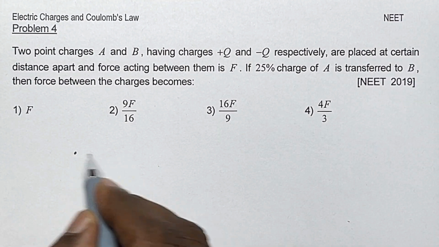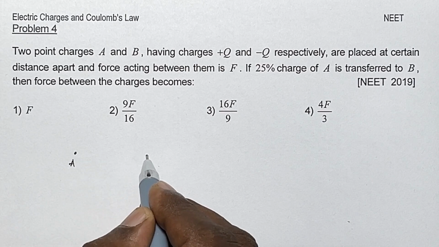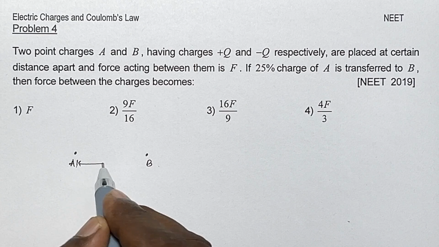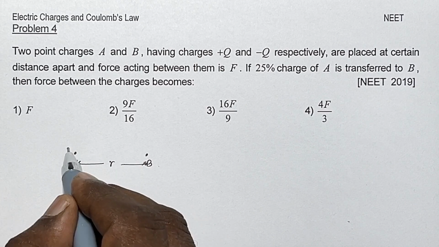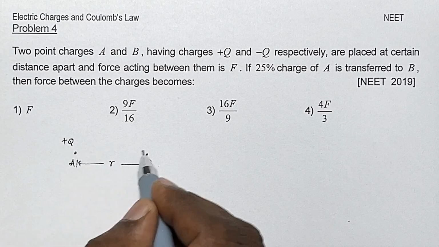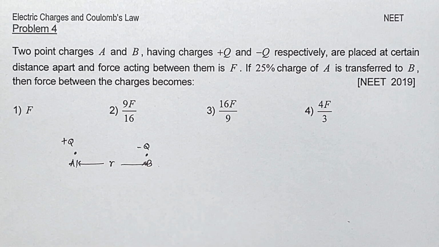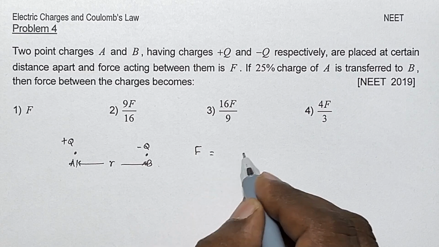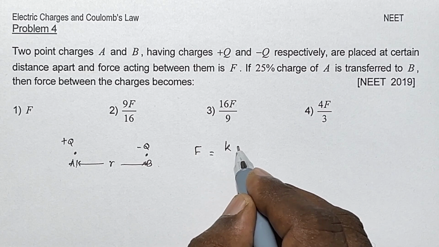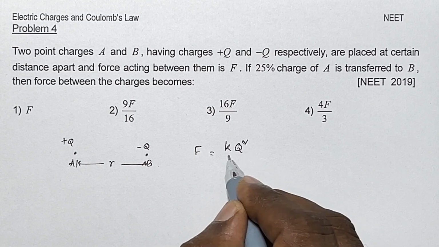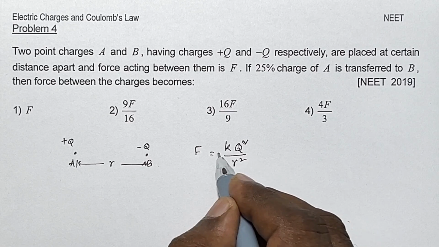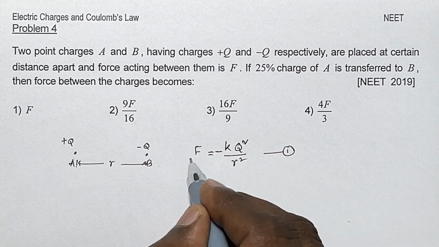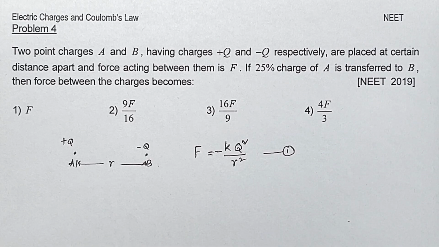So let us take charge A and charge B. These two charges are at a distance R. Here this charge is plus Q and this is minus Q. So force acting between them is equal to K Q square by R square, minus. This is the force. Now what happened?